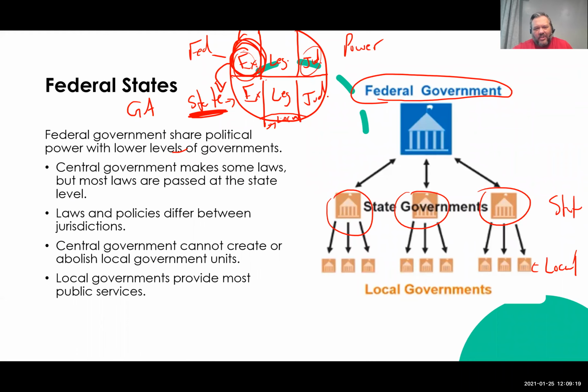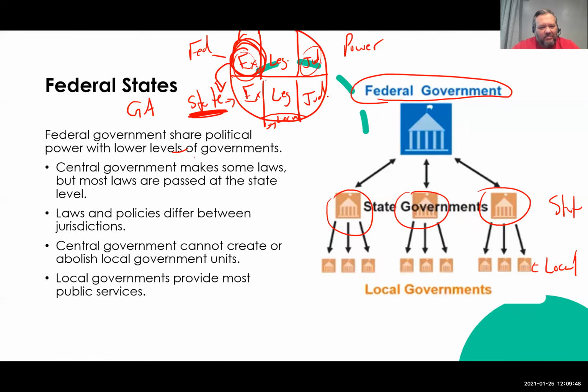So, when you have a power grab by any one of these, there's a whole bunch of others that are lined up against it to stop stuff from happening. So that's one of the neat things about the federal system and having all of this division of power. Not one person or entity has complete power, and there are other things built in to stop an individual or group from gaining all the power.